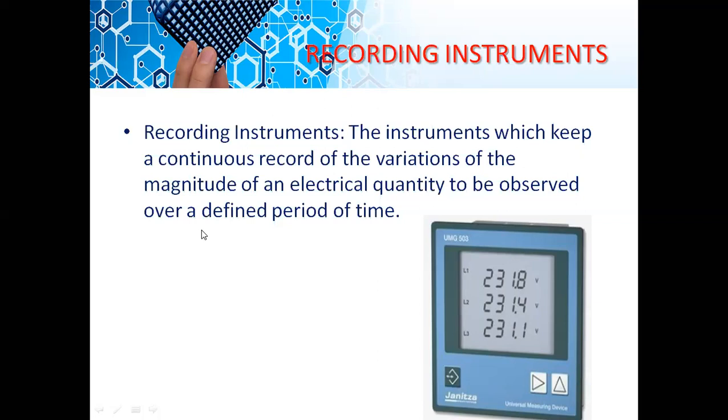But the recording instruments will keep a continuous record of the variation of the magnitude of the electrical quantity to be observed, which means it will have a record of the previously measured quantity and how it is varying now. This is what we call recording instruments.